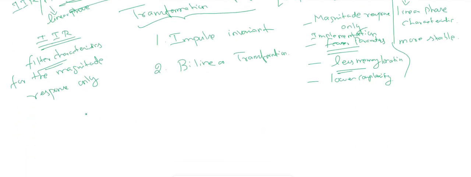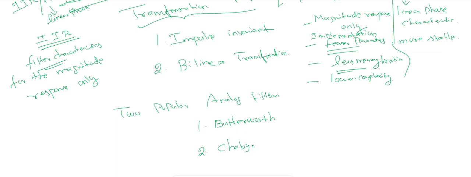Similarly, the two popular analog filters are the Butterworth filter and the Chebyshev approximation filter.